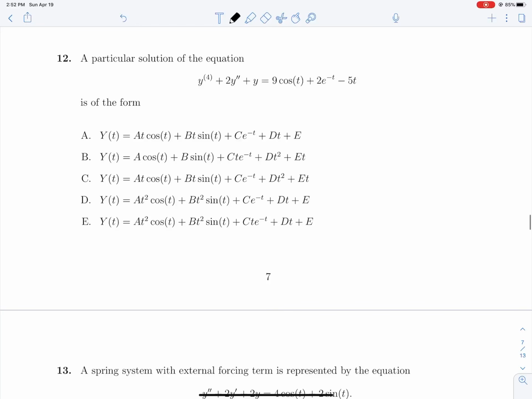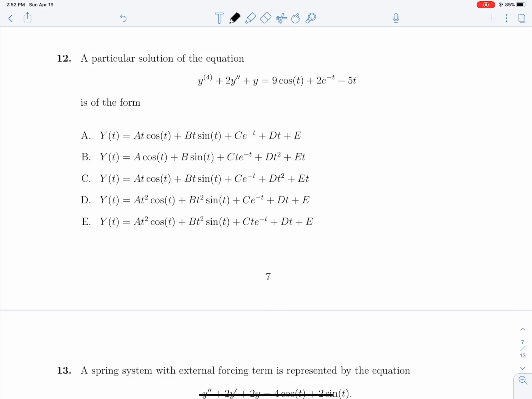12. A particular solution of this equation is in what form? Well, let's write out what we would like our guess to be if we didn't have any overlap with our characteristic solution.